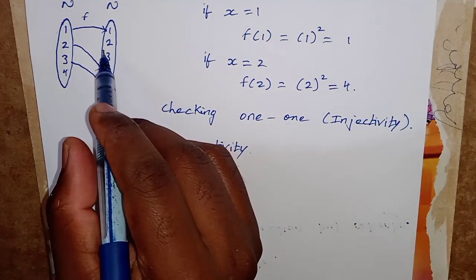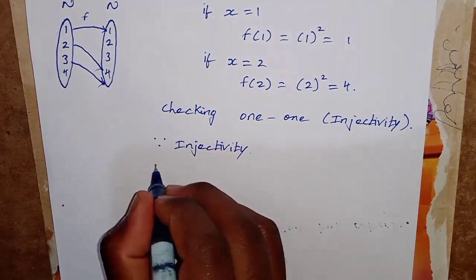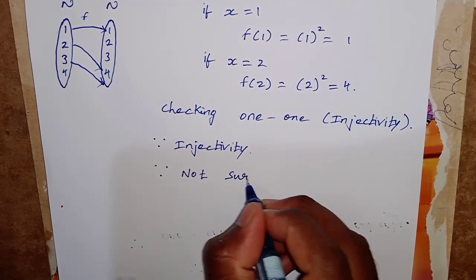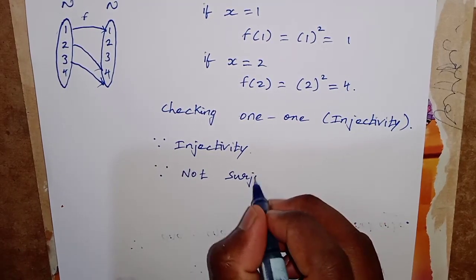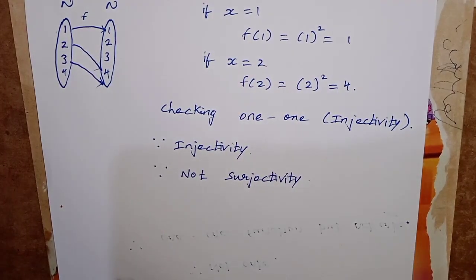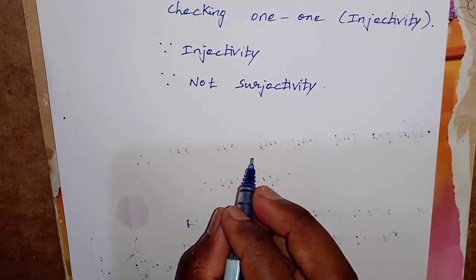They have no pre-image, therefore it is not surjective. I hope you understood the first subdivision.